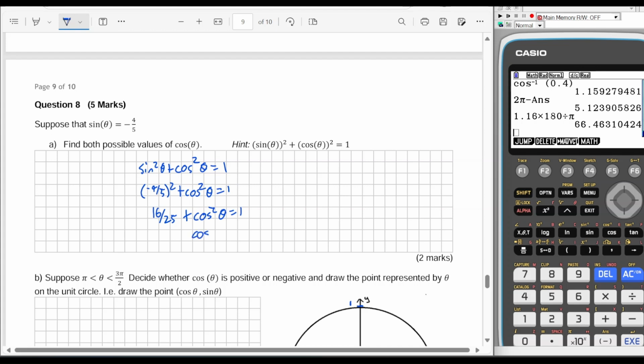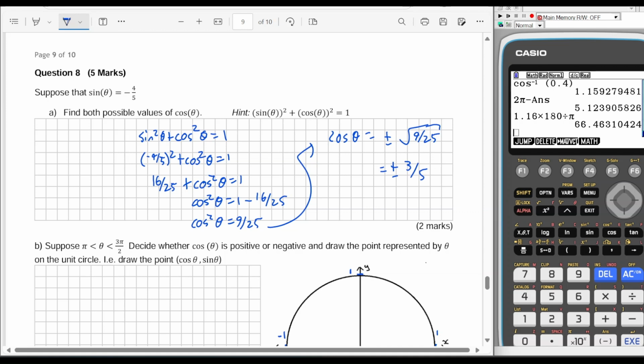So cos squared theta is 1 take 16 25ths, which is 9 25ths. So cos of theta is root of 9 25ths. Root of 9 is 3, root of 25 is 5. Now you might be wondering what I've done wrong, because it says find both values of cos. You need a plus or minus whenever you solve an equation and take a square root in that process. So plus or minus 3 over 5.